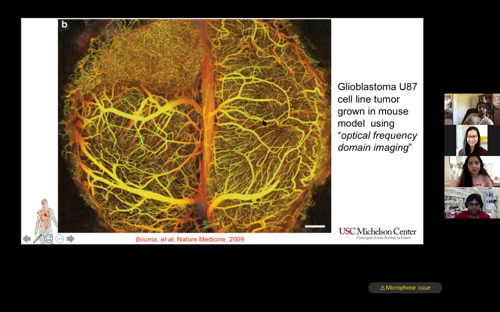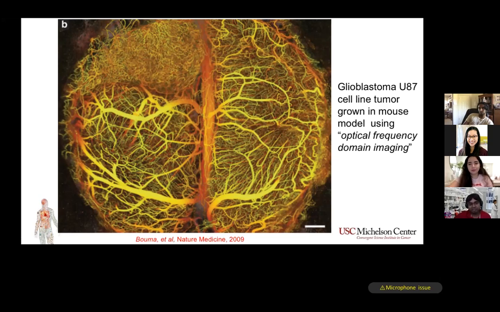What you see here is the architecture of the mouse blood vessels and small capillaries. And here you have U87 cells which are directly injected in the brain.